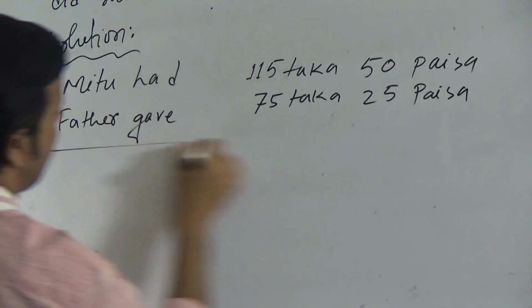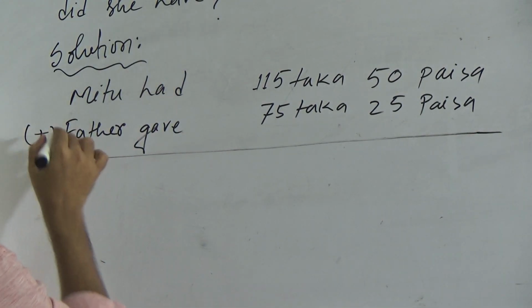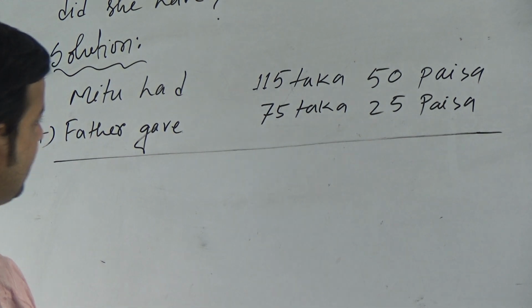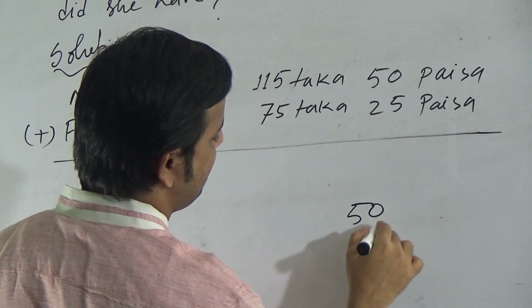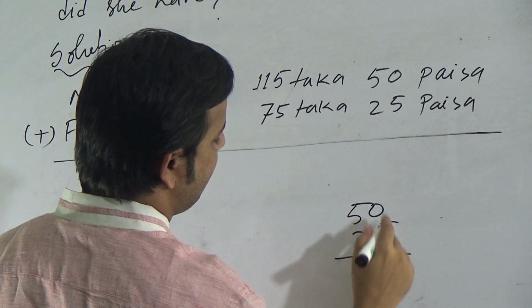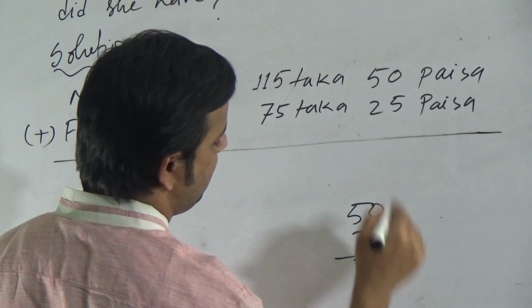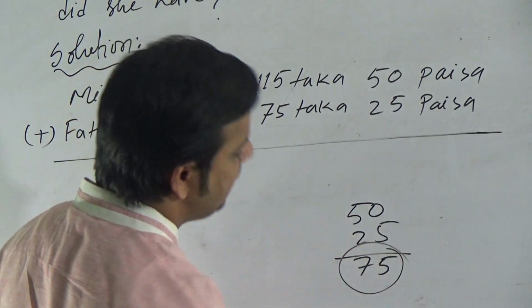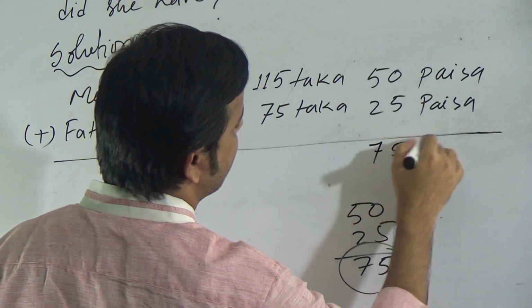Now, if we add these two amounts, we will get the total money that Mitu had. So we have to add. If we add 50 paisa and 25 paisa, we will get 5 and 0 is 5, 2 and 5 is 7. So 75, this is less than 100, so we will write 75 paisa directly here.